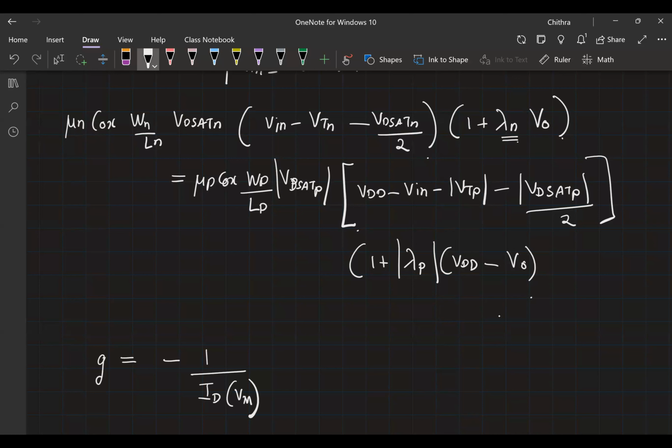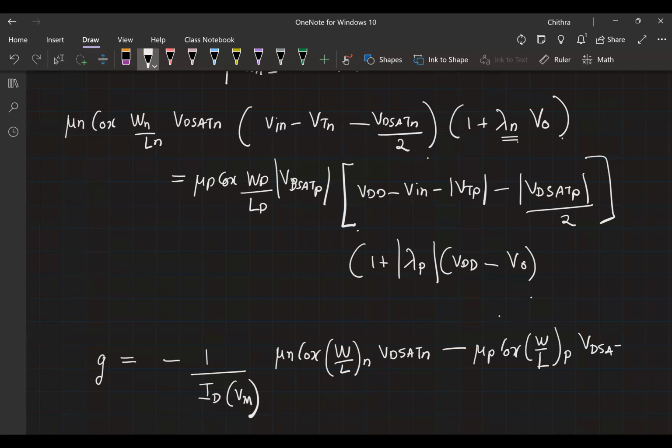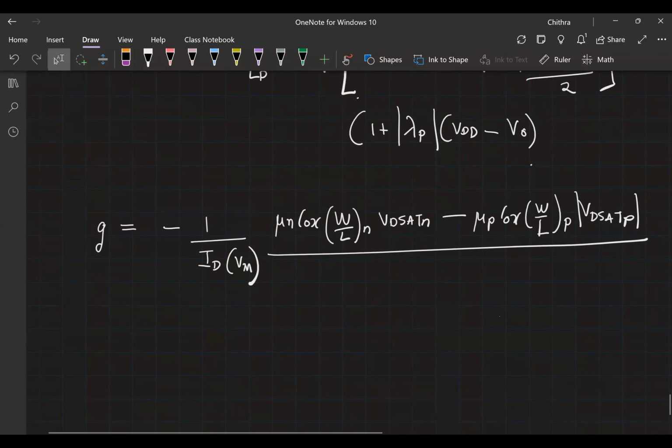So whatever is the drain current at Vm into mu n COX W by L of the NMOS transistor into Vd sat n minus mu p COX W by L of the PMOS transistor into Vd sat p, divided by lambda n plus mod lambda p.